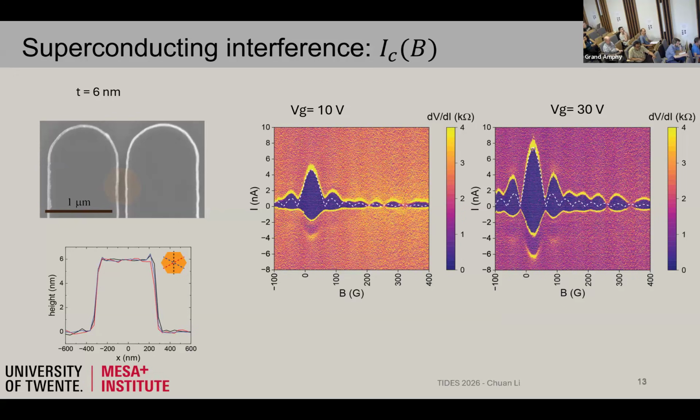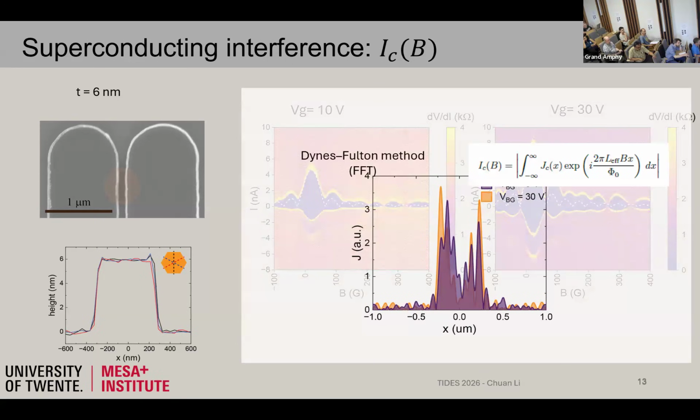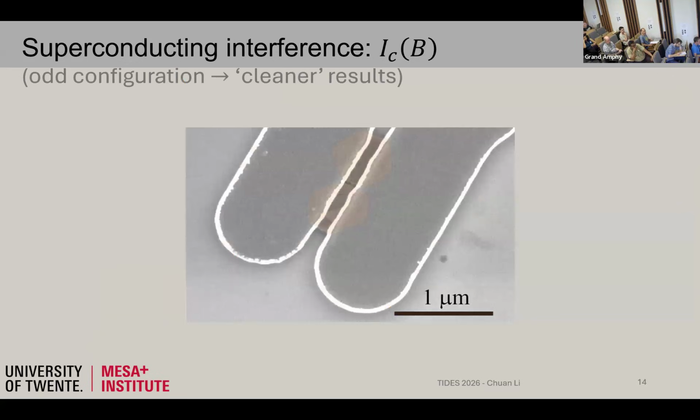So then they can be quite well in this thickness regime. And then this is what we measure as the Ic versus B data. And if you do this Fourier transform, it will give you already a good indication of a higher density at the edge and much lower in the bulk.